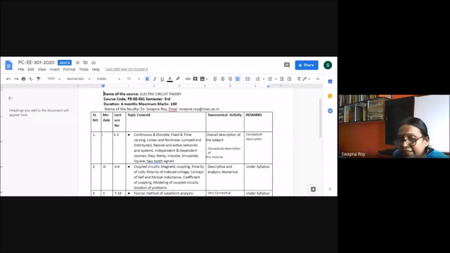Then what is an active element? First I'm giving the examples, then definitions. An active element may be a voltage source or a current source.